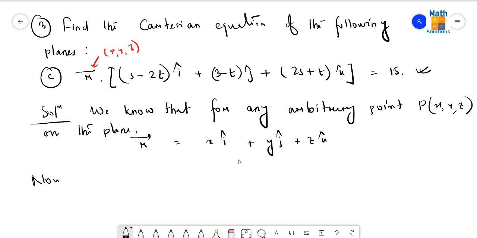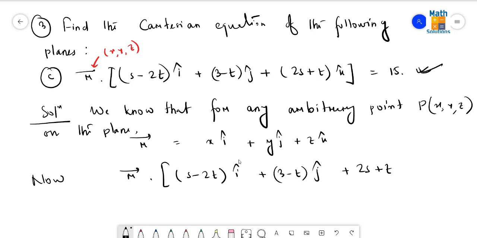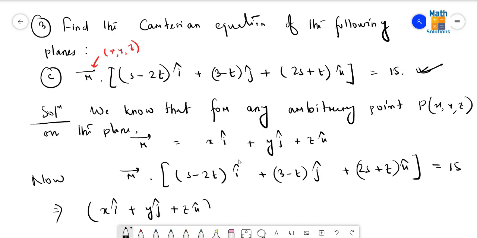Now vector r dot, what is given in the question, we are writing once again here: (s - 2t) i cap + (3 - t) j cap + (2s + t) k cap, that is equal to 15. So in place of r I am going to put x i cap plus y j cap plus z k cap.